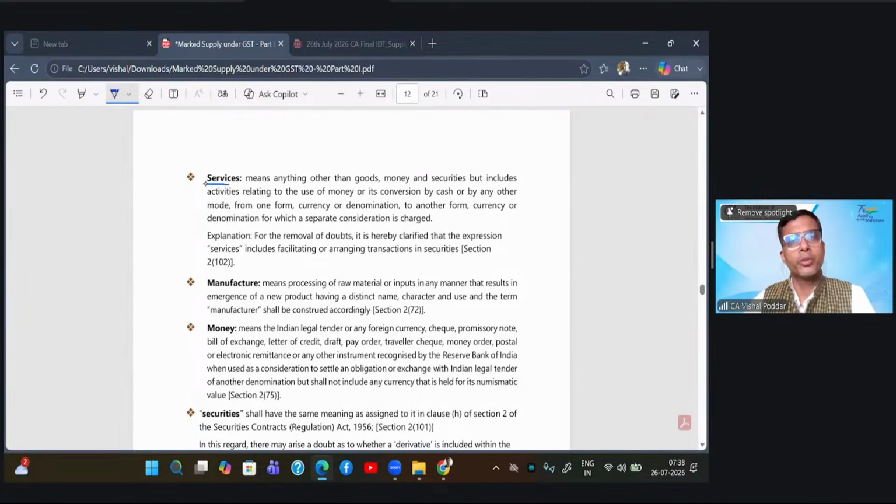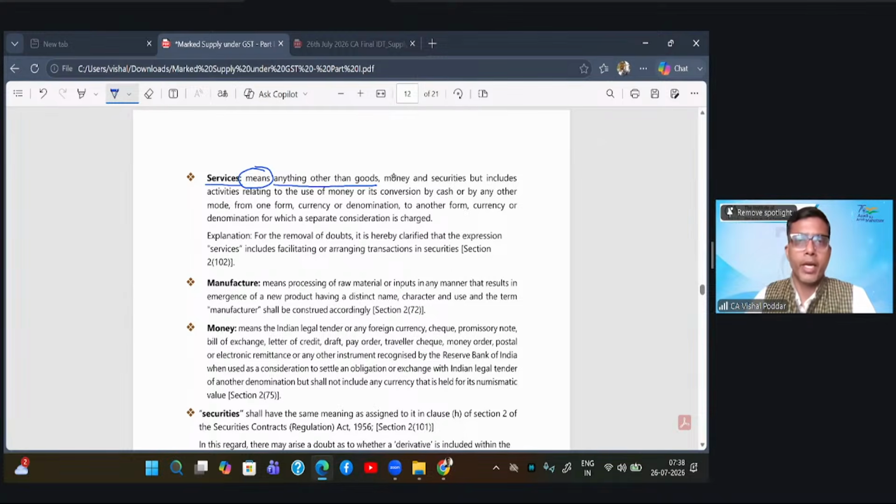The second component, students, the second subject matter under GST is service. Again, the definition starts with the word means. So this is an exhaustive definition, but interestingly, it is so broadly coined that it says anything except goods. So whatever is not goods above will be service.